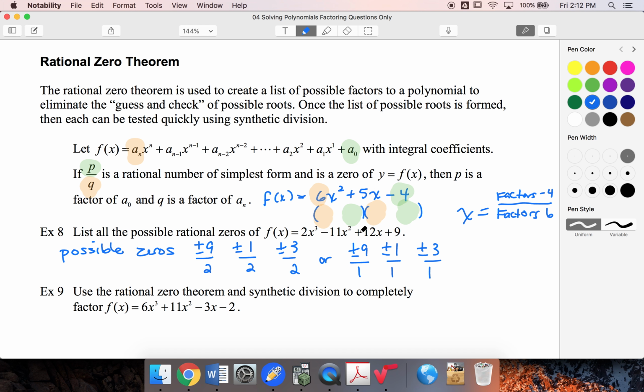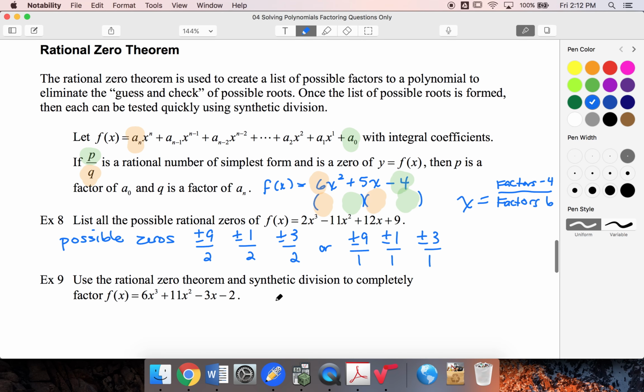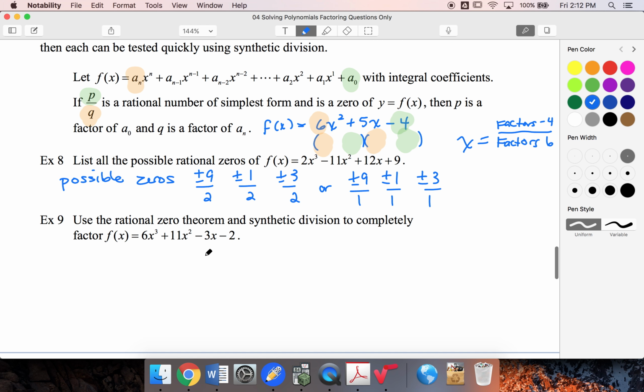So let's actually do the testing with this example. So in this example, I want to completely factor this. So I know my possible zeros are going to be the factors of -2 divided by the factors of 6.